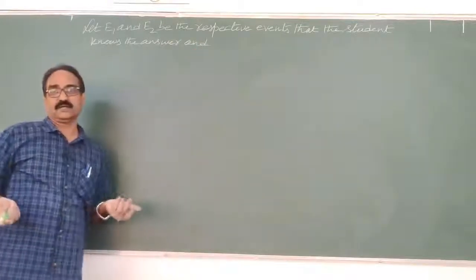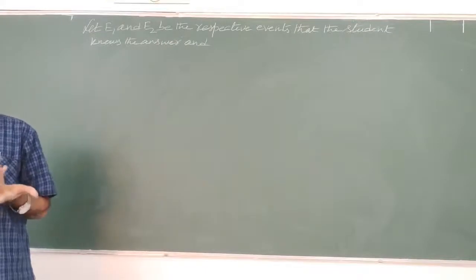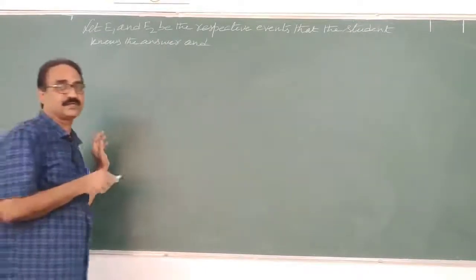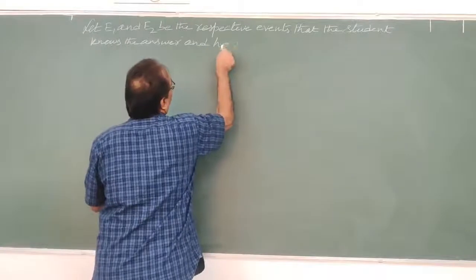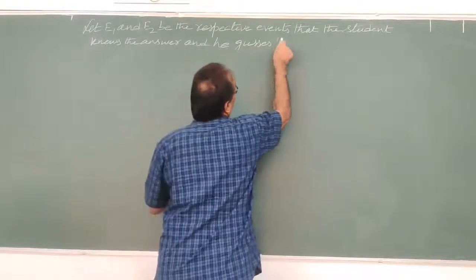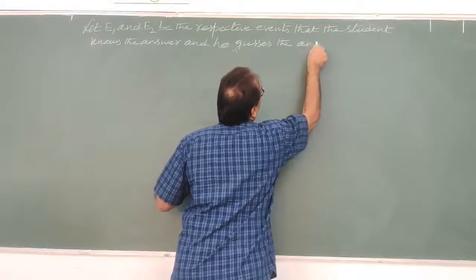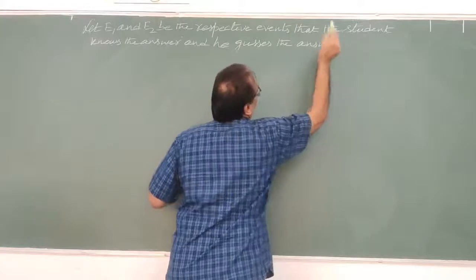What is the next one? Knowing the answer means knows the answer. Next is that he guesses the answer, or he guessed the answer. These are the two events.